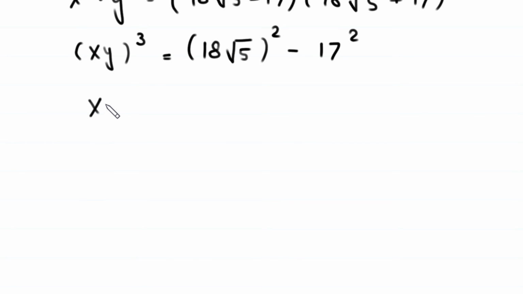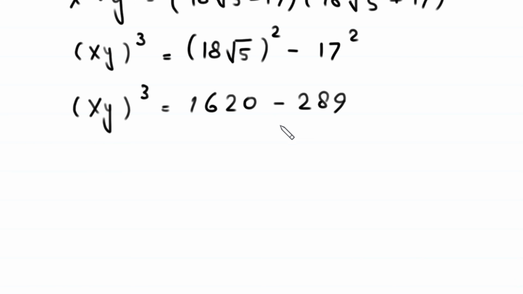Next, x times y whole cubed equal to 18 squared is 324 and 324 times 5 is 1620 minus 17 squared is 289. Further simplify, this will become x times y whole cubed equal to 1331, and we take cube root of both sides.